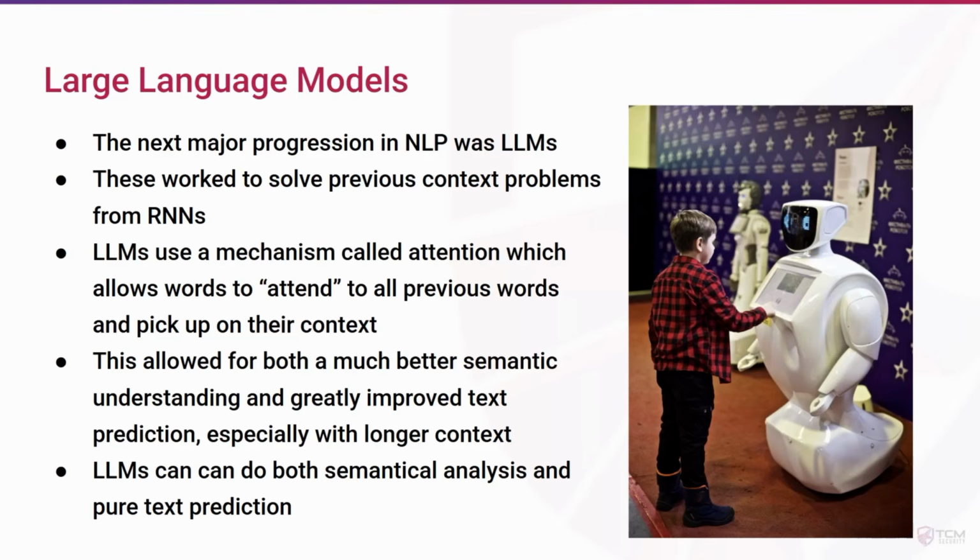So this allows for a much better semantic understanding, and it also greatly improved text prediction, especially with longer context passages. One interesting thing about LLMs is that they can actually do both semantic analysis, so reading through words and then coming up with the actual meaning of that, and then they can also do pure text prediction.